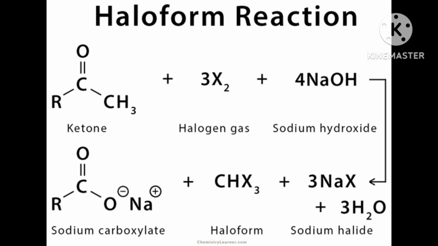If the question is asked, what is Rochelle salt? Sodium potassium tartrate is called Rochelle salt. This is called Fehling's B solution. Now if we mix both solutions A and B, these two solutions mixed in equal amounts before the test, that is called Fehling's solution.